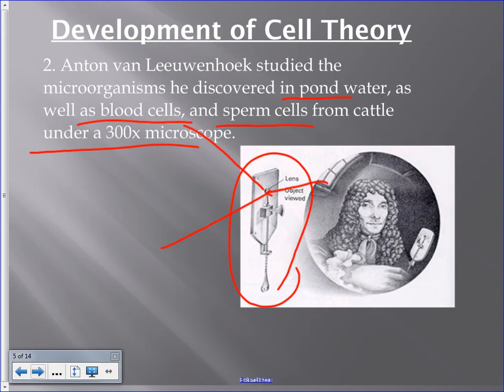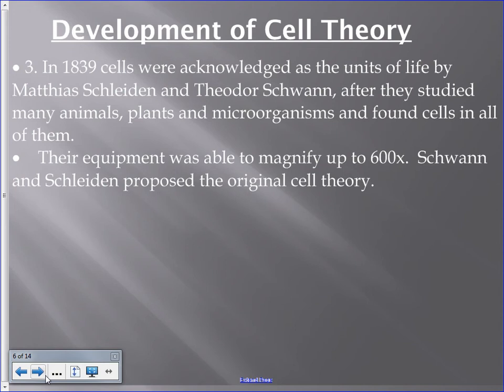Then these two guys came along, these two Swedish fellows, Matthias Schleiden and Theodor Schwann. They took Leeuwenhoek and Hooke's work and they expanded on it. Their hypothesis was this: if cells are the basic unit of life, and tissue from all kinds of living organisms are viewed under a microscope, then cells should be present in all tissue.